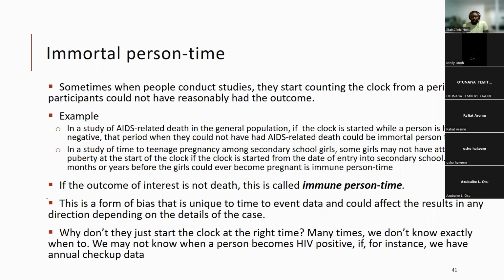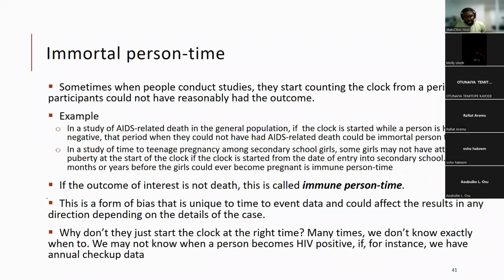Another example is where, for instance, you're studying HIV patients, okay? Now, for a person to develop an AIDS-related death, they have to first have AIDS. But most HIV patients, when they start, are unlikely to have AIDS-related death at the beginning, because at the beginning of their infection, the stage of their disease is such that AIDS-related death is unlikely to happen.